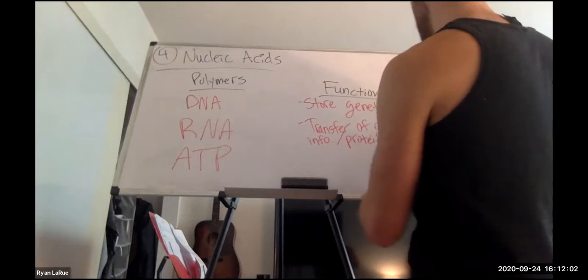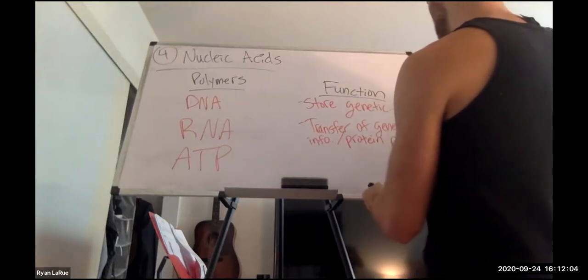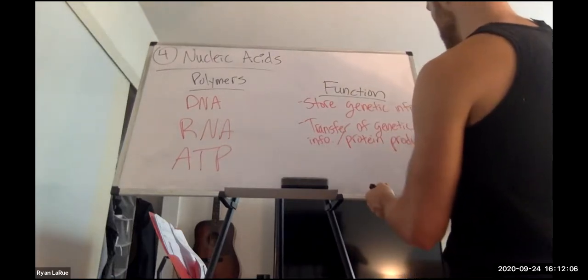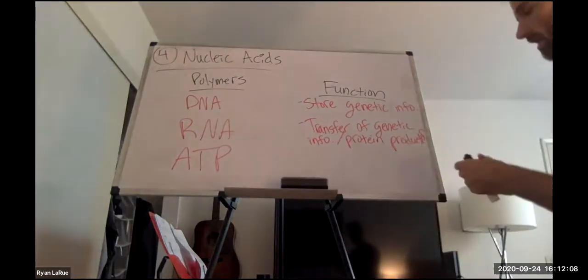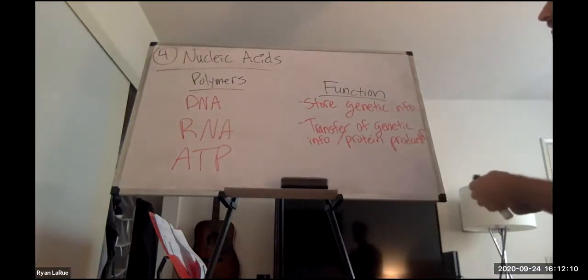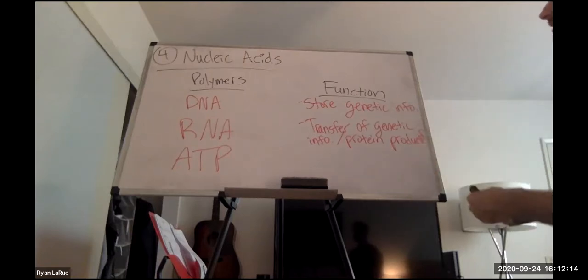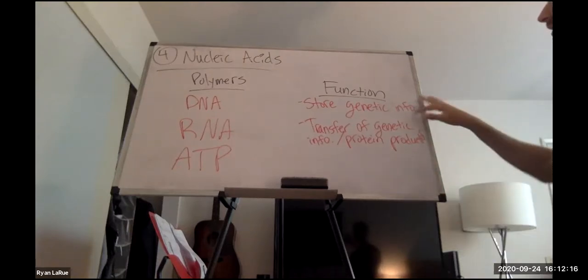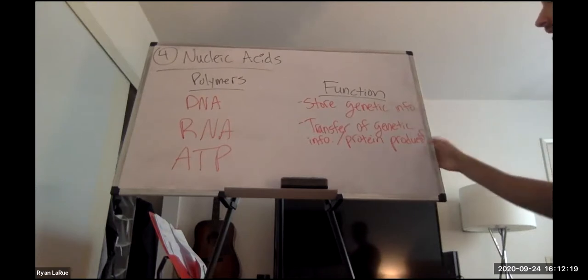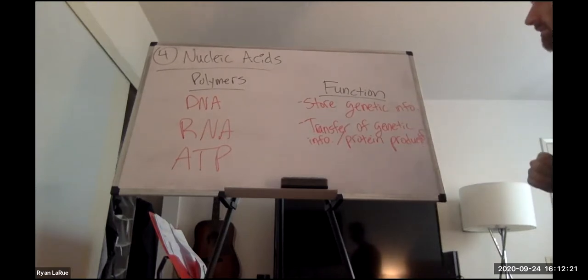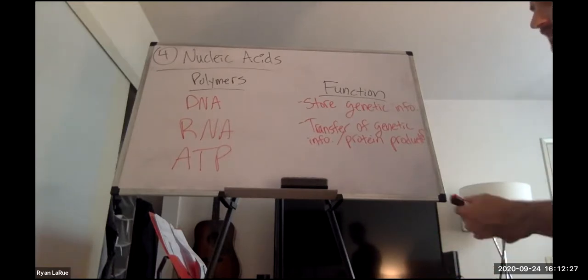You have a whole lecture devoted to that, so just being aware of it now is what I want. Having an idea, knowing that RNA is involved in transferring this genetic information and producing proteins. It has a role there.